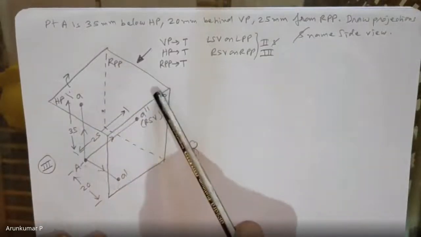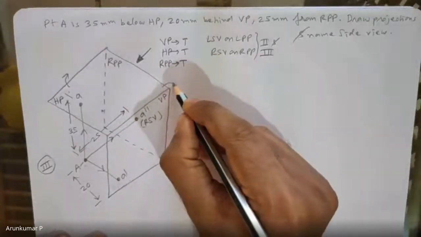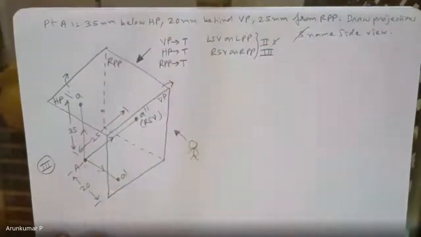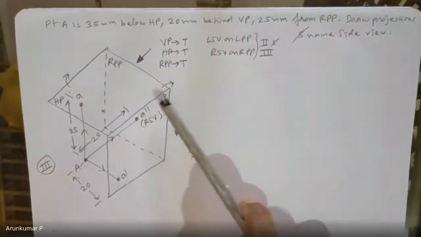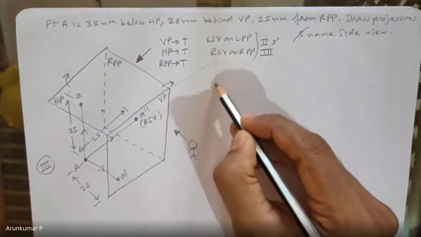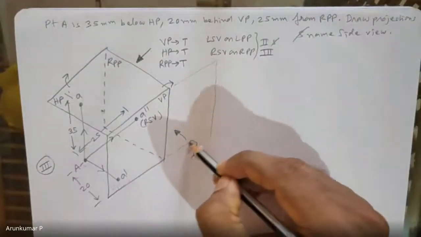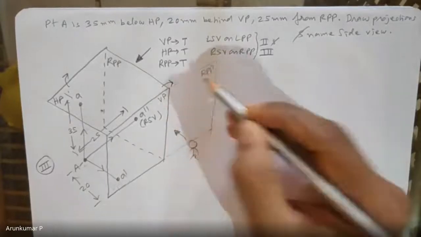And RPP, you have to rotate again in the clockwise direction by 90 degrees. So RPP will come beside VP. This would be RPP after rotating.